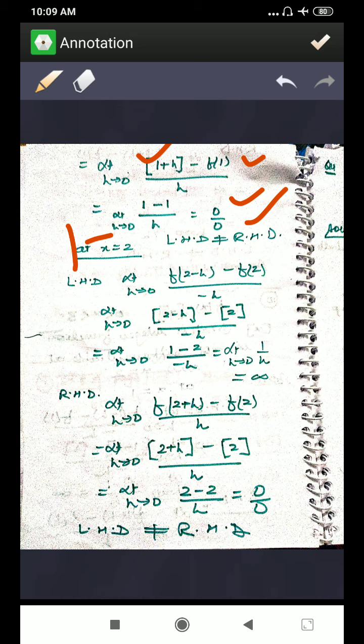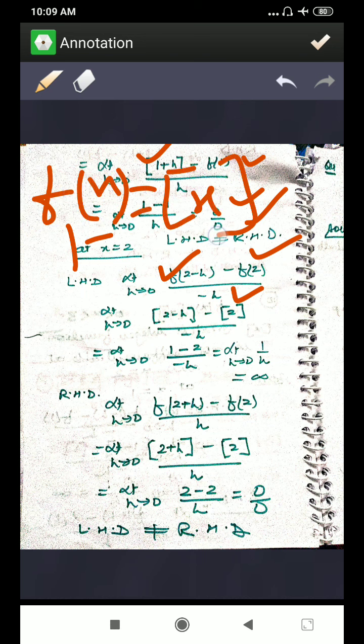At x equal to 2 in similar way we will calculate. So left hand derivative, it is f of a minus h minus f of a divided by minus h. A is actually 2. So in that formula I have replaced a by 2. Now your function fx was given greatest integer function x. So f of 2 minus h will be greatest integer function 2 minus h.